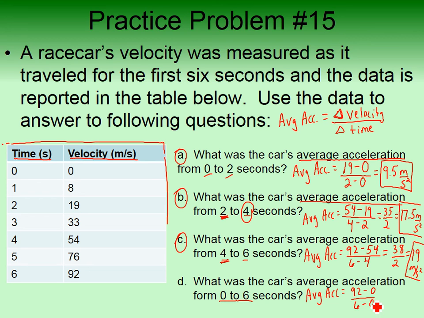So 92 divided by 6 is equal to 15.3 meters per second squared. So let's look at what we just did there. We're noticing that the acceleration is increasing as it went from part A to part B and B to C. But the average acceleration for his whole trip would have been 15.3.